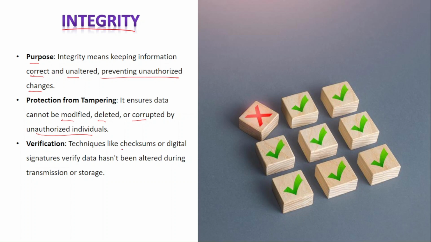Verification: techniques like checksums or digital signatures verify data has not been altered during transmission or storage. The digital signature is a very important concept, and we will define and explain it in our coming video and slides.